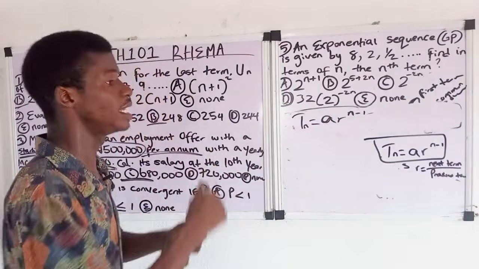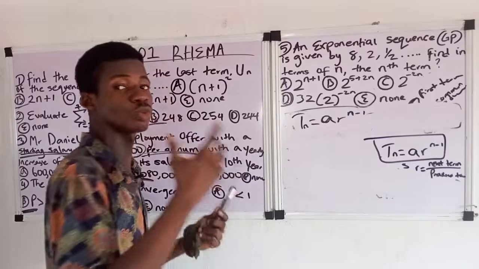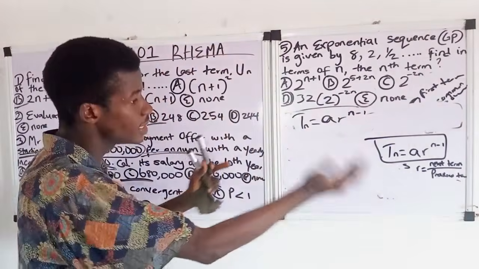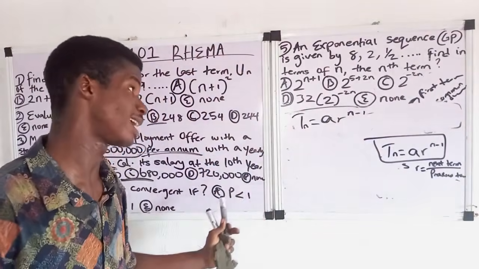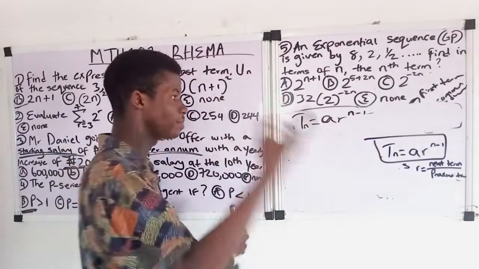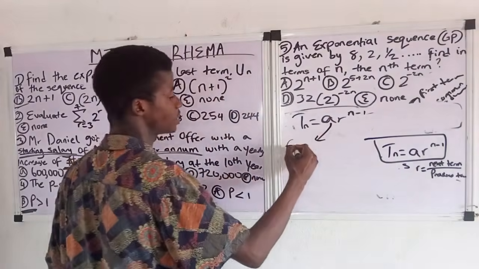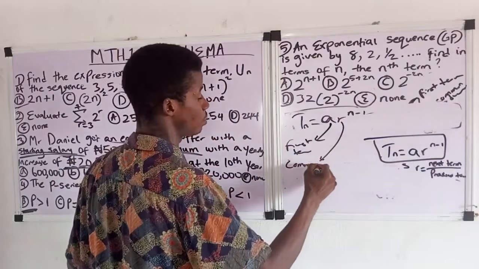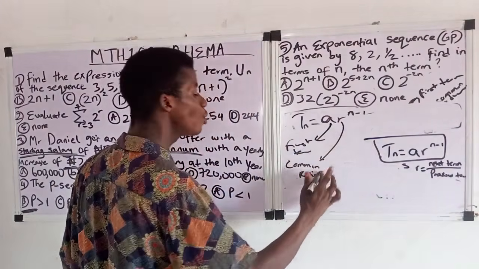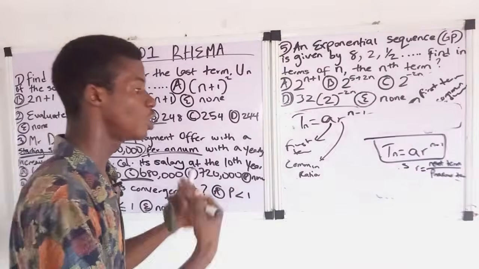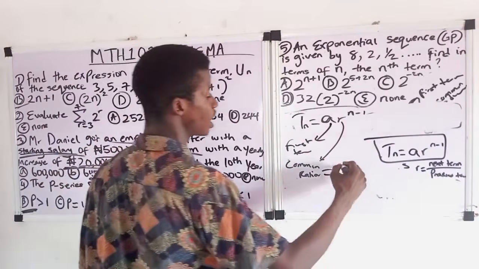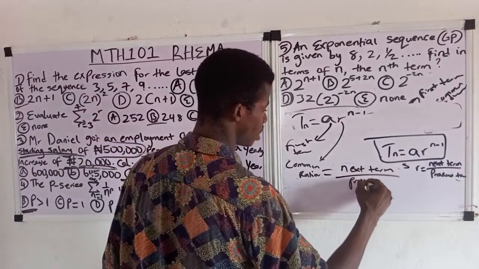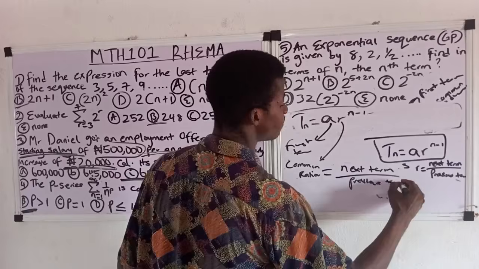Now how do you look for the common ratio? Remember, in AP we look for the common difference by subtracting the previous term from the next term. This is the first term, and this is known as the common ratio. To look for the common ratio is very easy: the next term divided by the previous term.